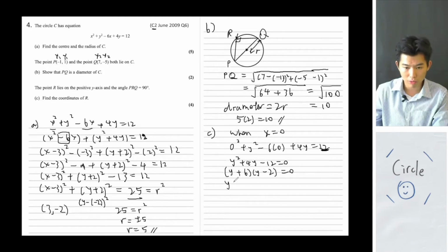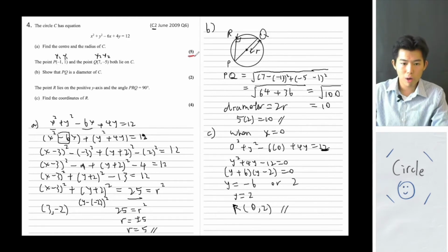So the critical values of y would be either negative 6 or 2. And it says that point R lies on the positive y-axis, so the coordinate of y has to be greater than 0. Therefore, y would be equal to 2, and the coordinate of R would be (0, 2).